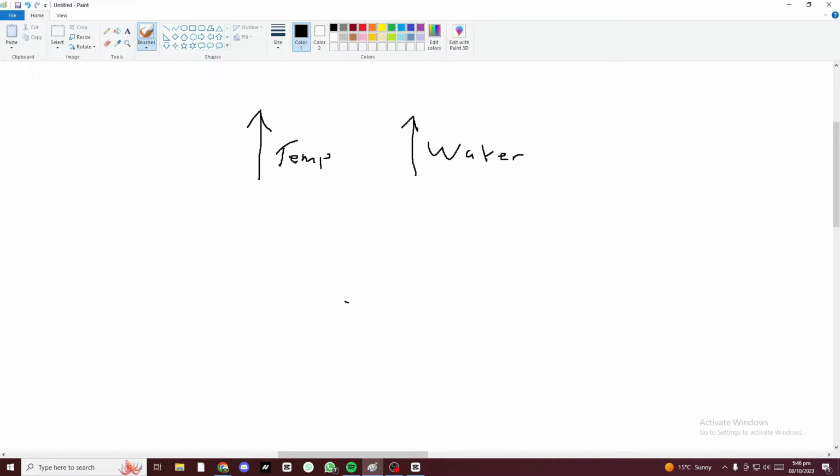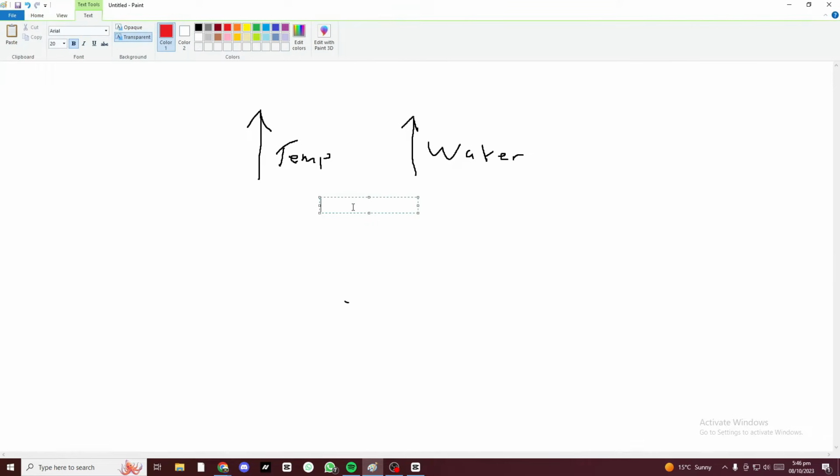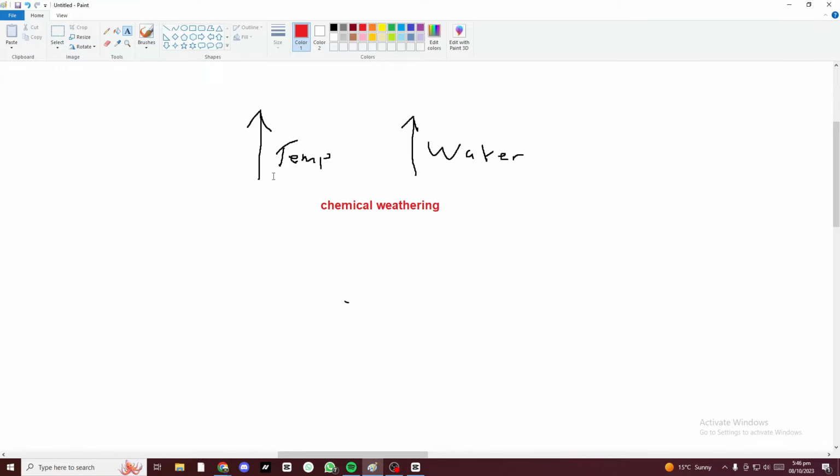Okay, this area will likely receive chemical weathering. Okay, so high average temperature and lots of water will result in chemical weathering.